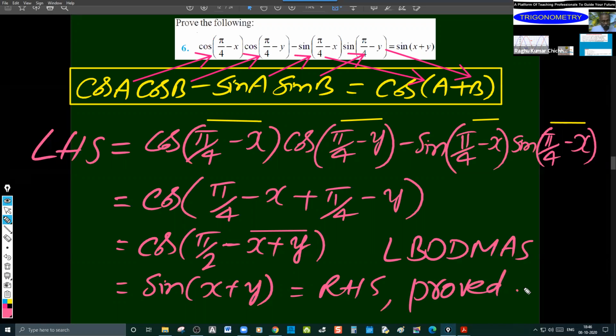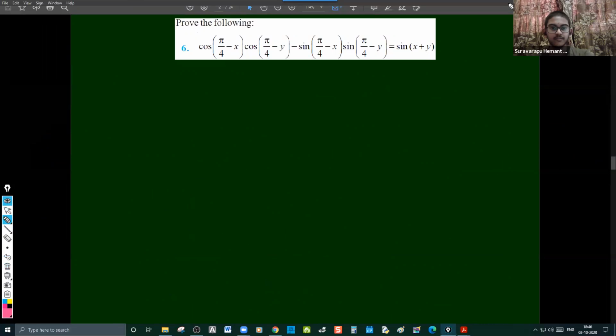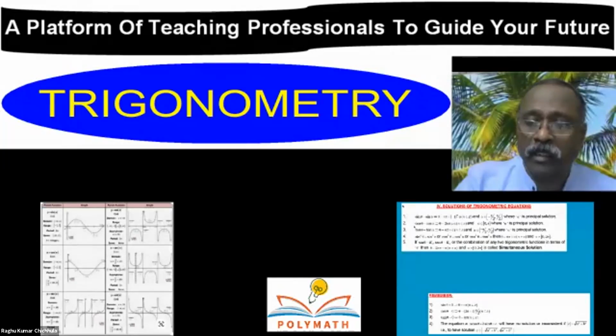Now what we do, we'll continue with the other problems in the next session. But before that, whatever formula I taught you today, you learn them by next class, and we'll continue with the rest of the formulae. Whatever things we are doing, we are learning all those formulae only through two formulae.